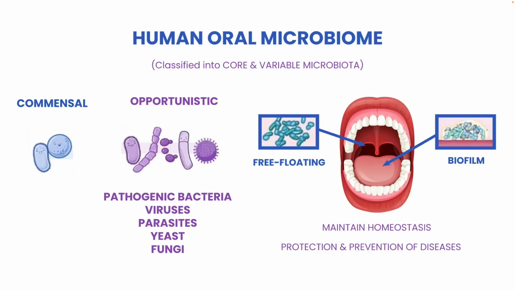In the oral microbiome, we have a core and a variable microbiome. We have what we can consider commensals, which are compatible with health, and then we have opportunistic, so we have the pathogenic bacteria, viruses, parasites, and so on, which can cause disease.